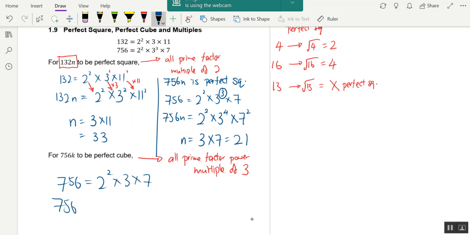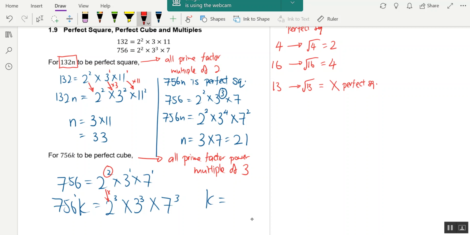So 756k must be equal to, now its power is 2. Can or not? Cannot accept. Must become 2 to the power of 3, times 3 to the power of 3, times 7 to the power of 3. So what is k equal to?